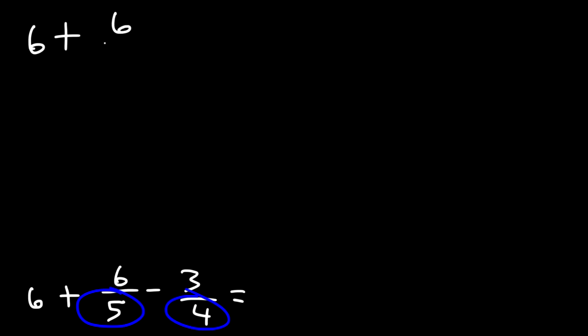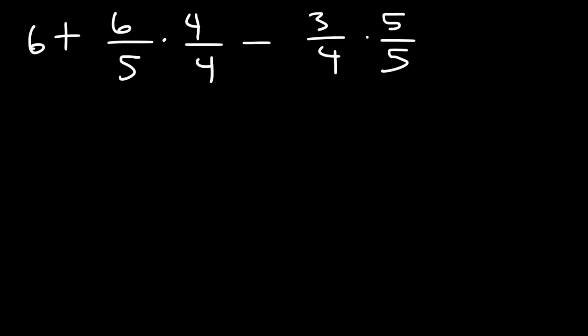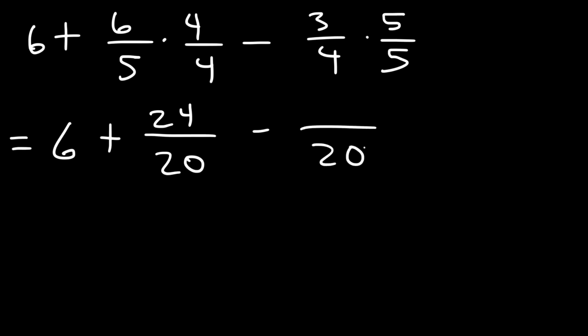So let's multiply 6 over 5 by 4 over 4. And let's multiply 3 over 4 by 5 over 5. 6 times 4 is 24. 5 times 4 is 20. And 3 times 5 is 15.